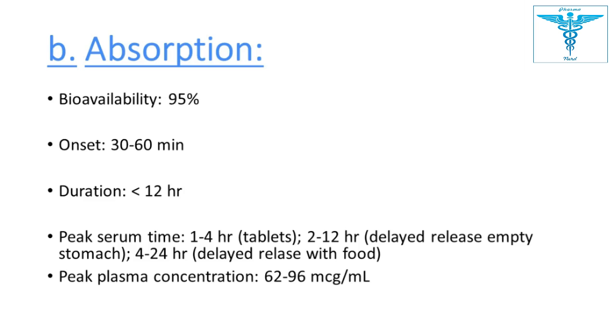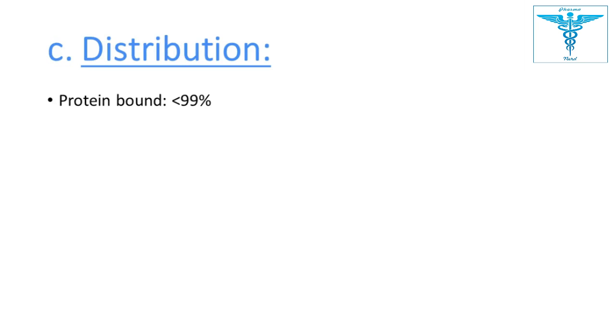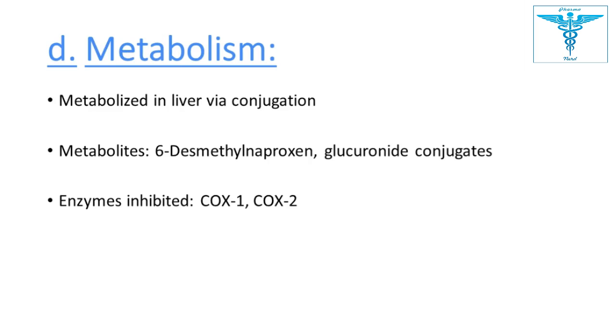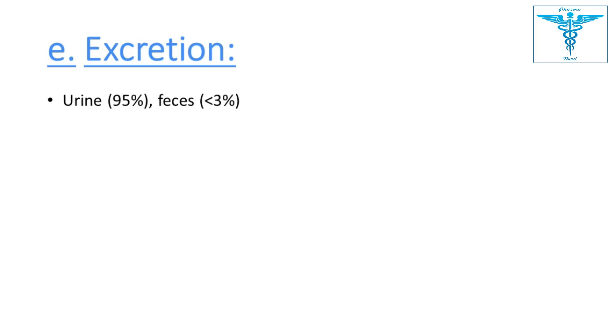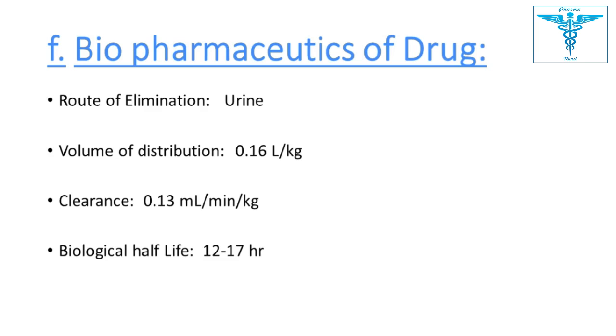Absorption 95% bioavailability, onset of action 30 to 60 minutes, duration of action less than 12 hours, peak serum time and peak plasma concentration you can see here. Protein binding more than 99%, metabolism in the liver by bioconjugation, metabolites 6-desmethyl naproxen and glucuronide conjugates, excretion 95% through urine and less than 3% through feces.